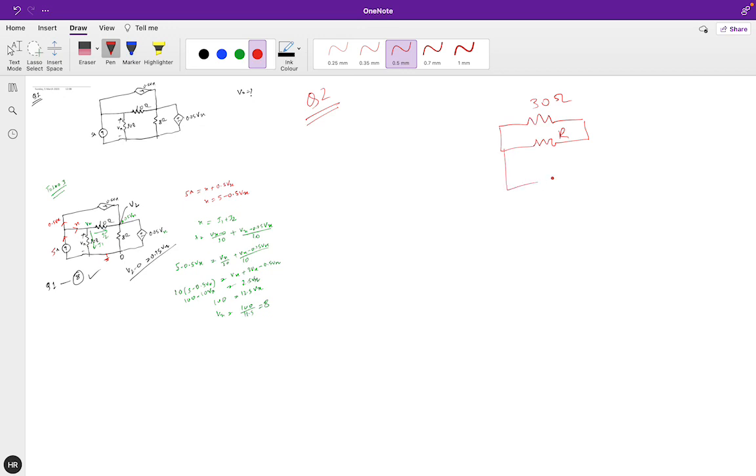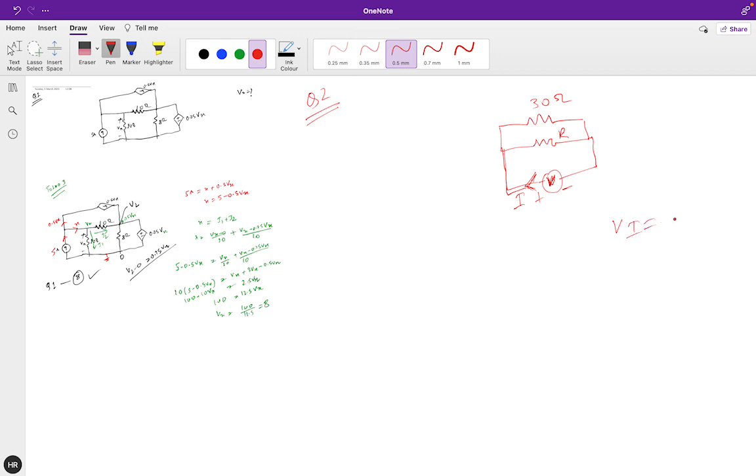So it has some potential voltage, and it will develop some current. Here it is given V into I, positive and negative. Dissipated power means delivered power.